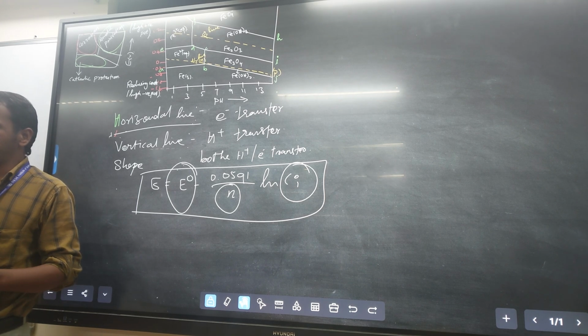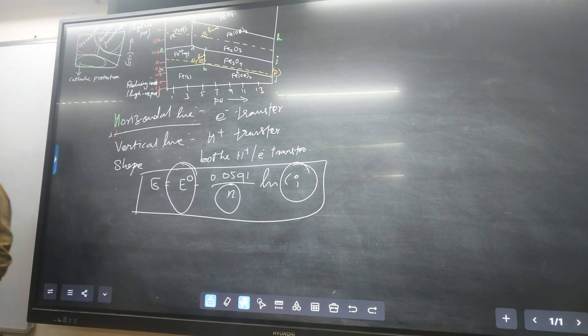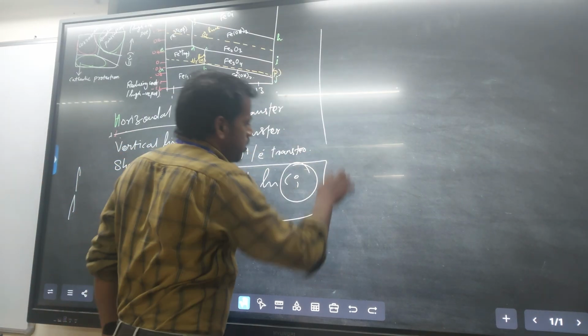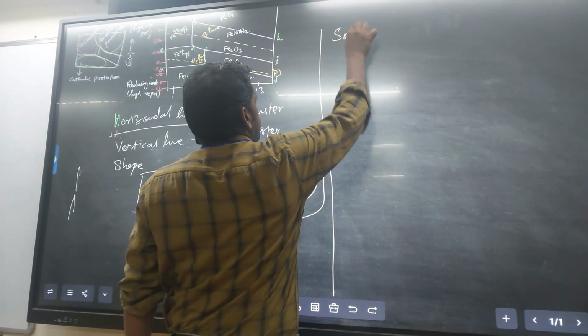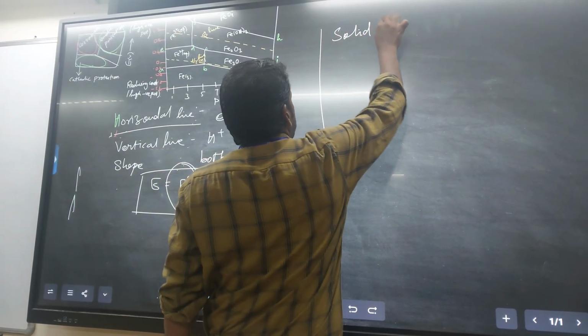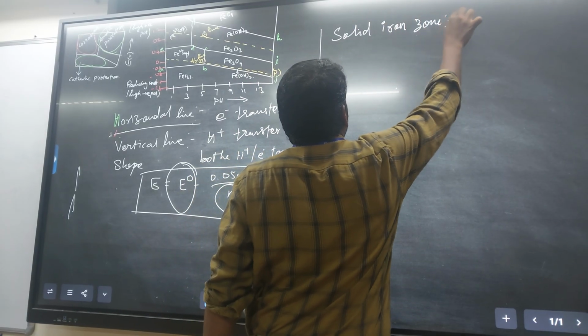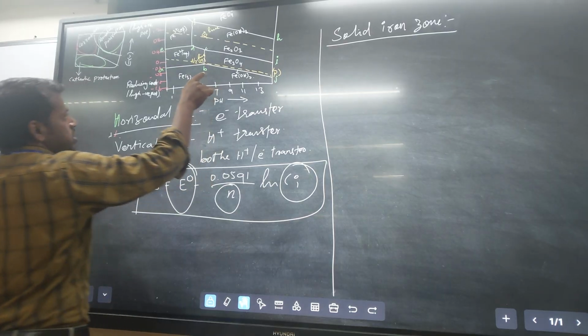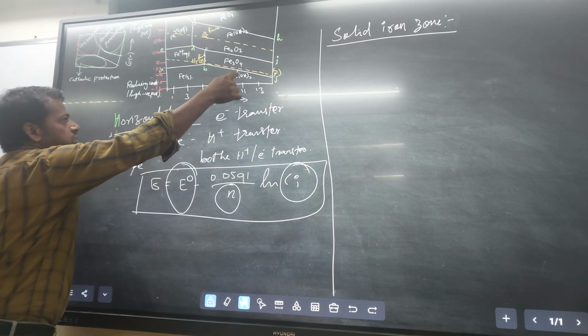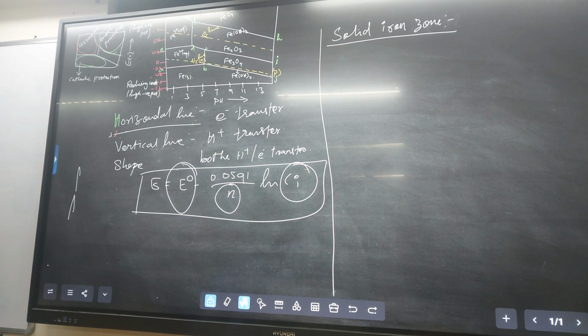So first, we explain the solid iron zone, that is below ABJ.